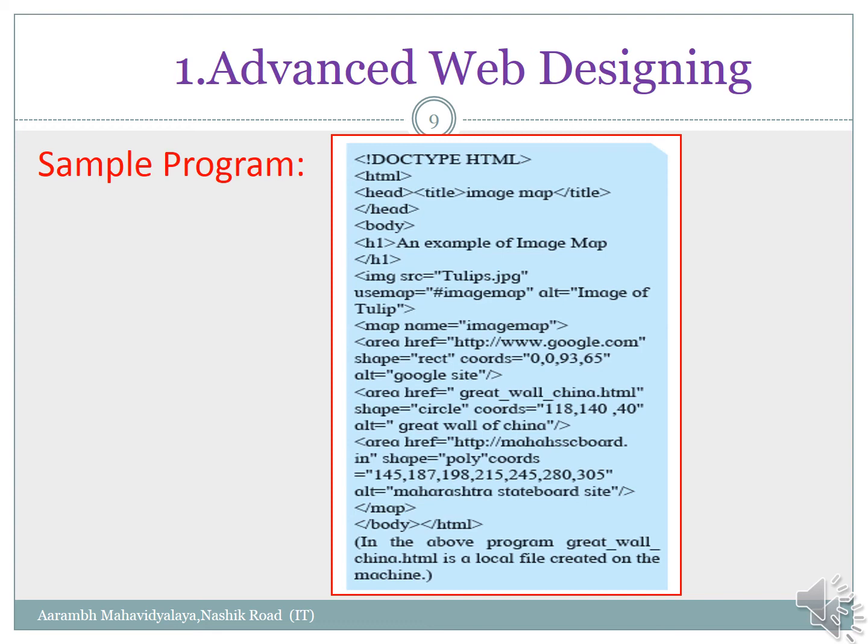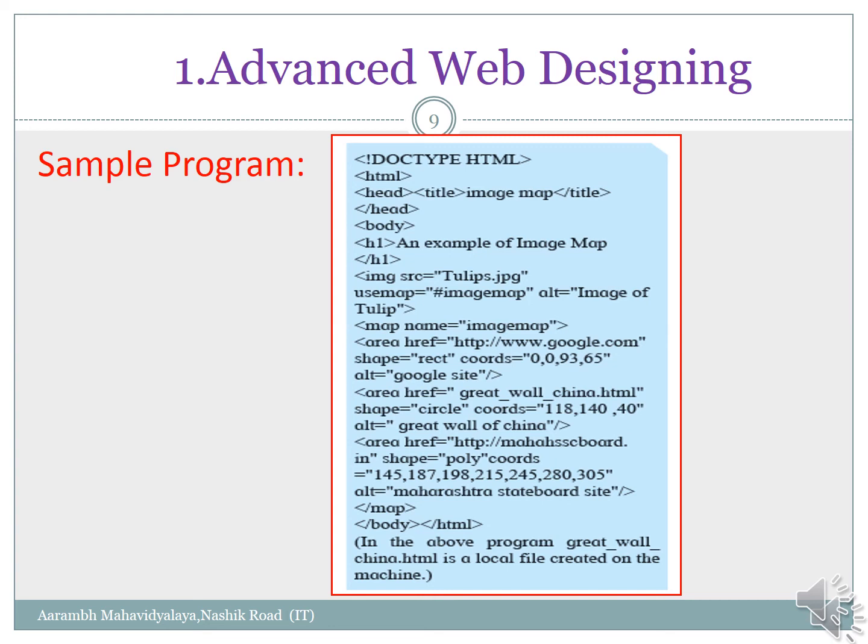Then I have specified the map name. The map name indicates the name of the image. Whatever image I have provided, its mapping will be done by using the map name as imagemap. Here usemap and map name both must be similar, as it is case sensitive.